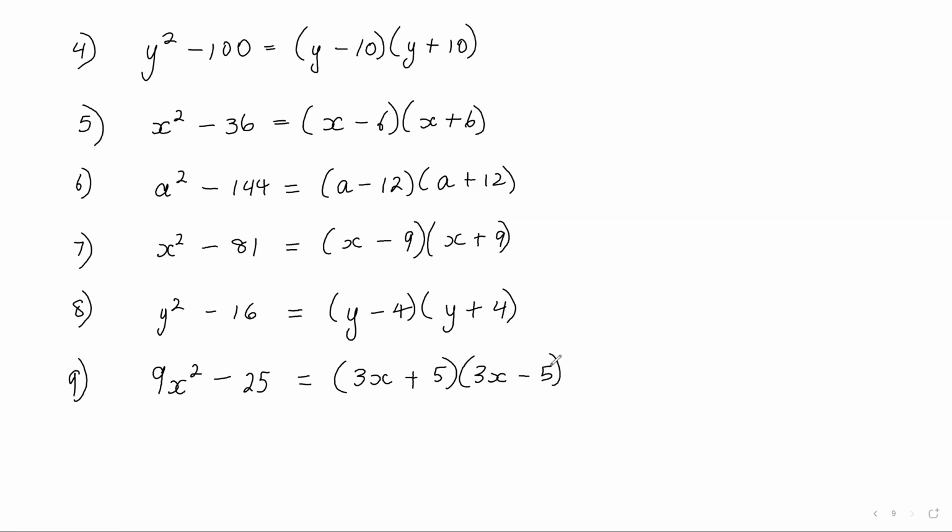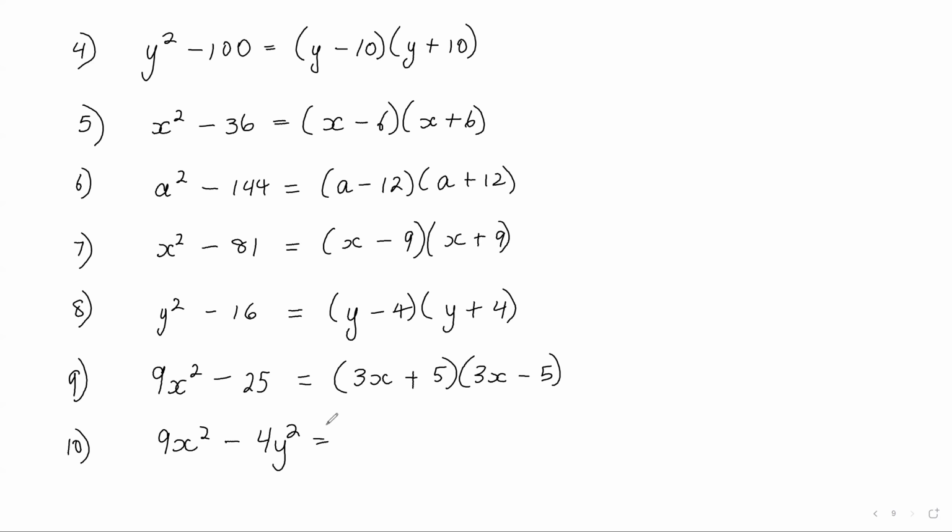Okay? So don't be alarmed if you see that it has a number there, like a coefficient, I should say, of x squared. Sometimes it could even look like 9x squared take away 4y squared.